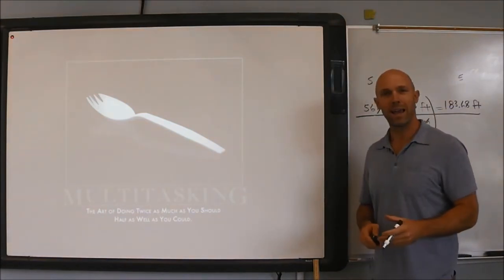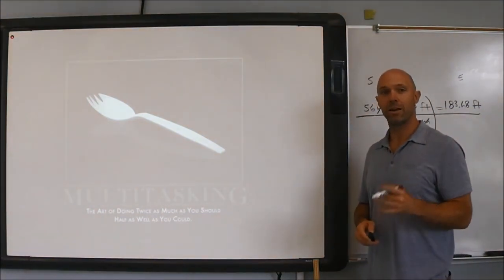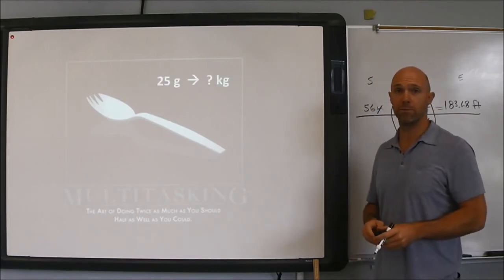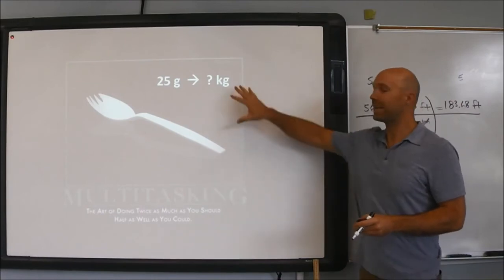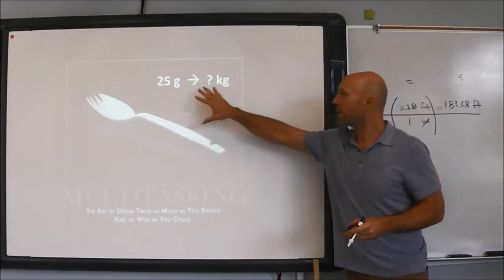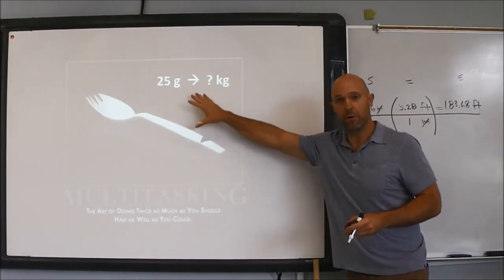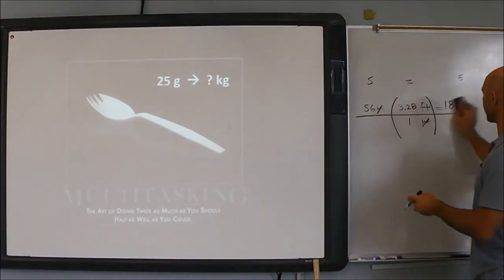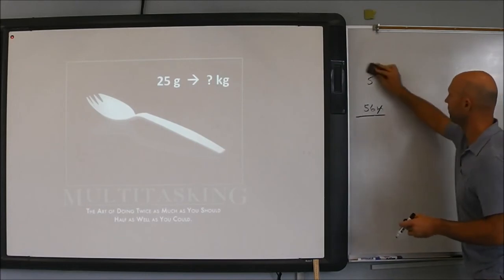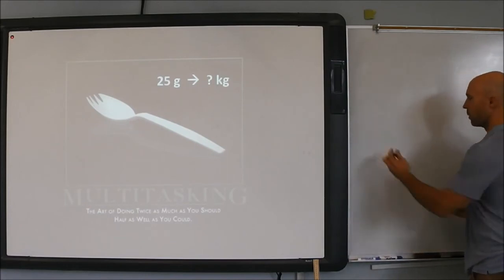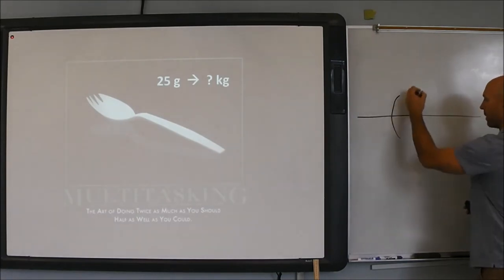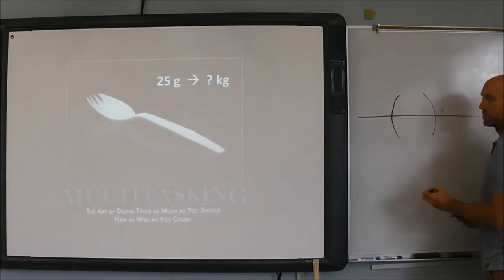In this case, hey, how much mass does a spork have? It turns out it's around 25 grams. So how many kilograms would that be? 25 grams converted into kilograms. We have the same basic setup. We start out with a big long line, parentheses in the middle, an equal sign.